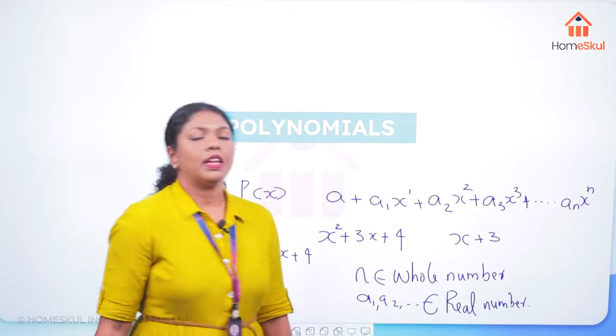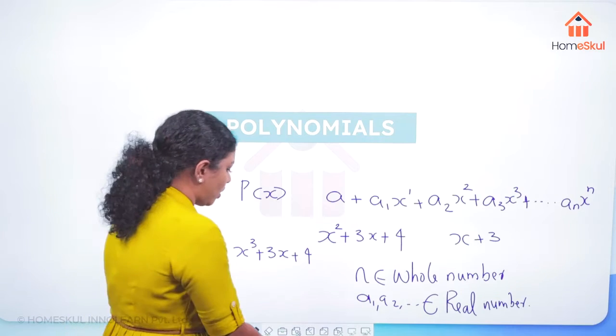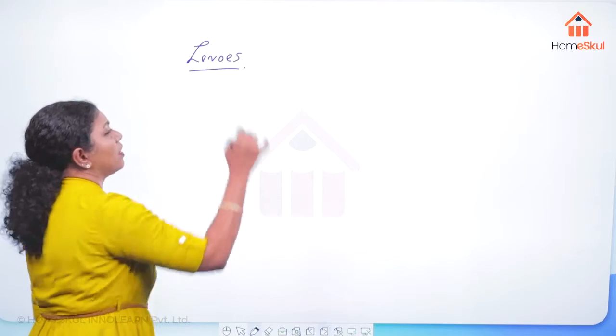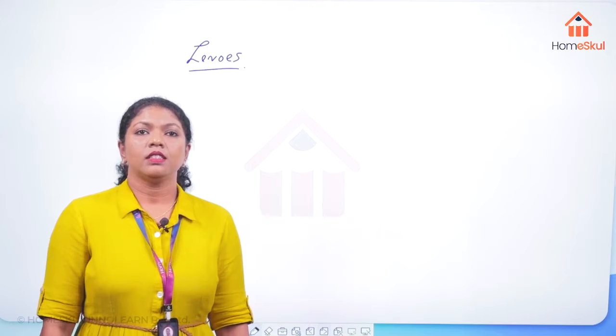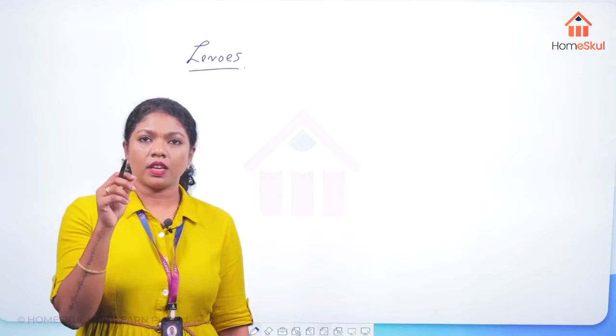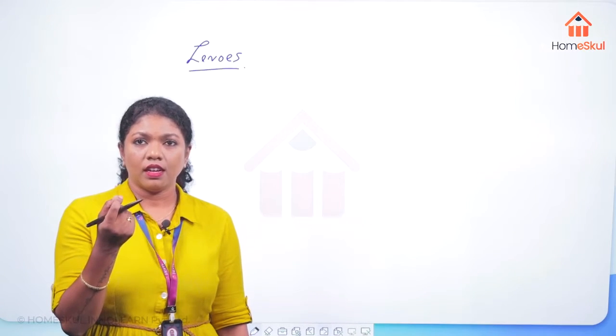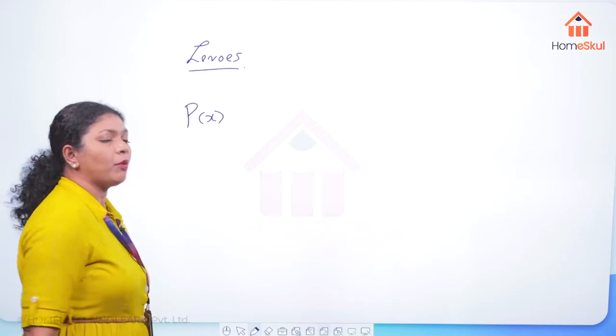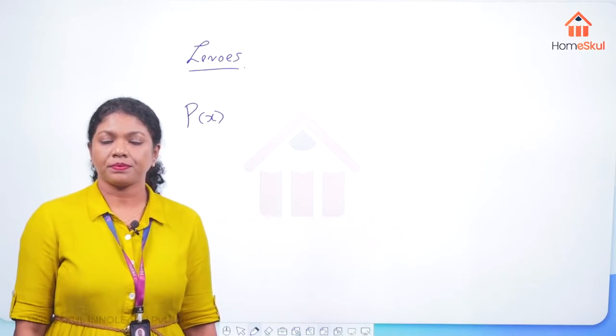Real numbers. And what else did we learn about polynomials? We were discussing zeros. What is the meaning of zeros of a polynomial? Zeros means, p of x is our polynomial. What is the zero of the polynomial p of x?